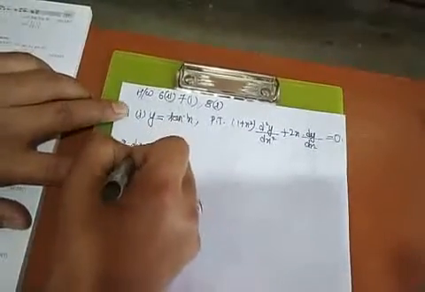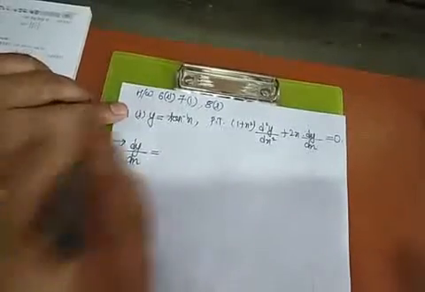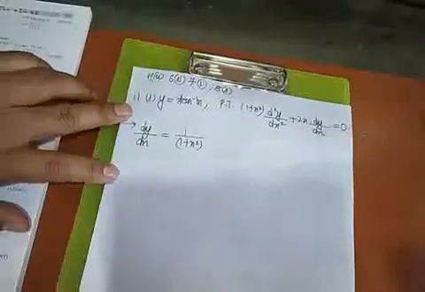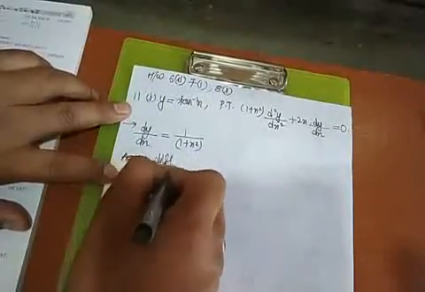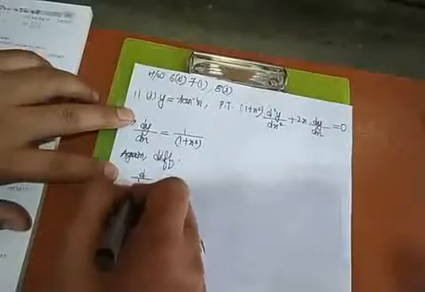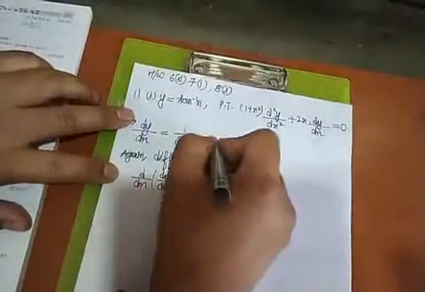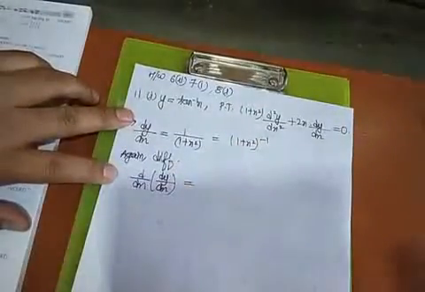So dy by dx, I hope you know the formula for the differentiation of tan inverse x, which is 1 by 1 plus x square. Again differentiating means d/dx of dy by dx, and this is also 1 plus x square whole to the power minus 1.